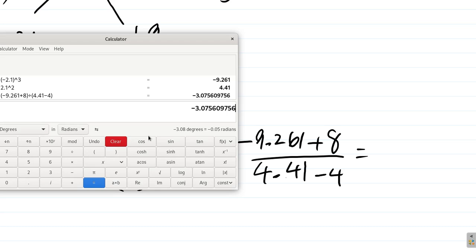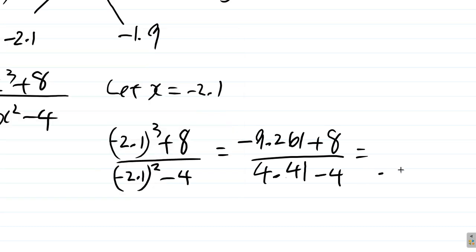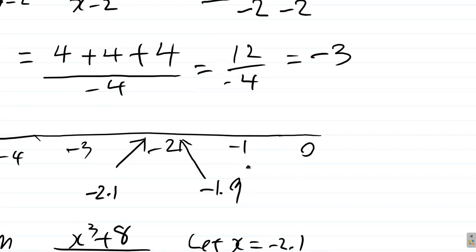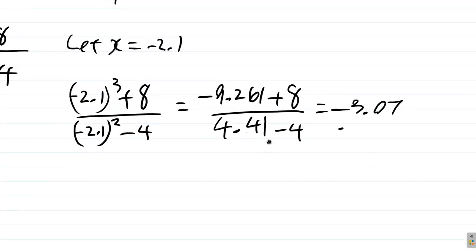Alright, so we have negative 3.07 something. Negative 3.07 something. What was the answer we got earlier? Negative 3. That's close.